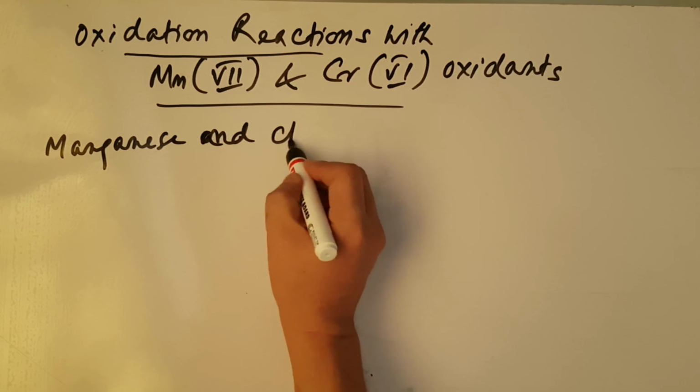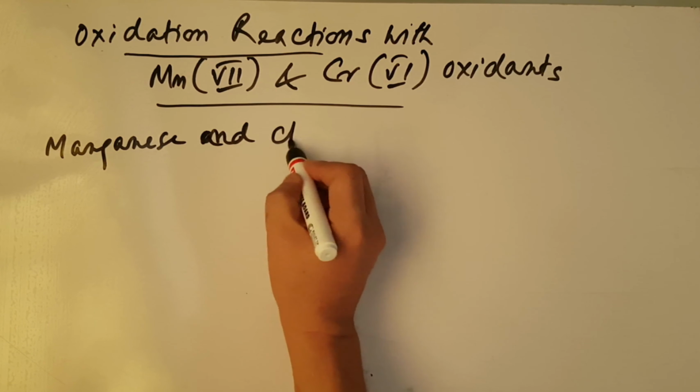So let's take up these two types of compounds. In the case of manganese, there is a gain of 5 electrons during oxidation reactions.